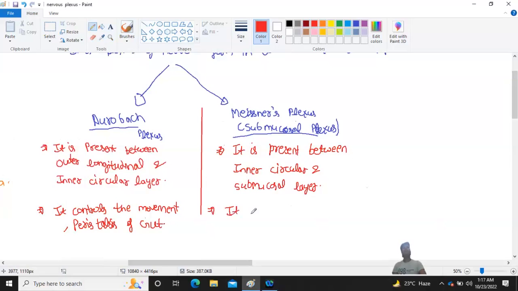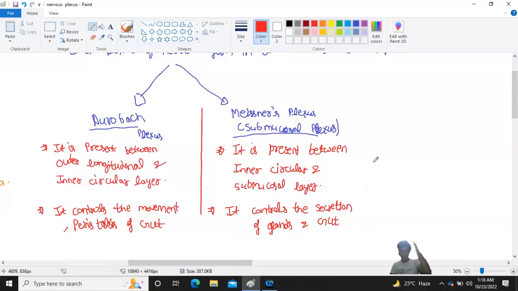It controls the secretions of the glands and gut, basically mucosal secretion.